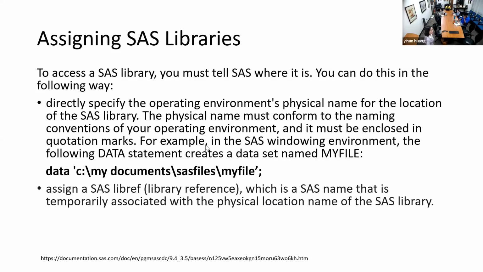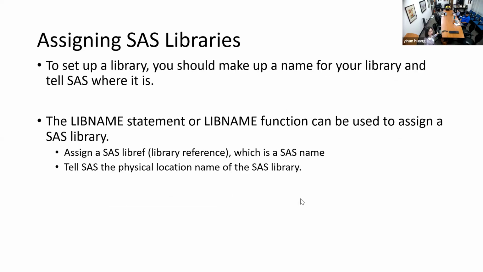There are actually two ways to assign a SAS library, but I want to focus on the second method. The first method we can also incorporate in the data steps, but let's focus on the second method, which we briefly talked about last time.